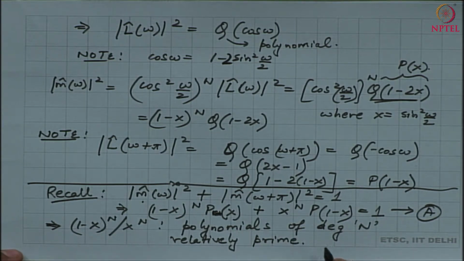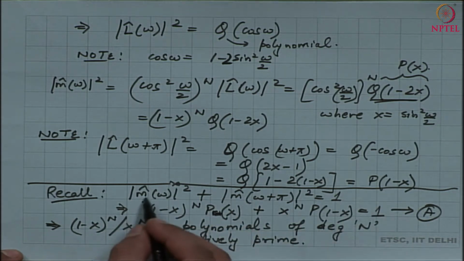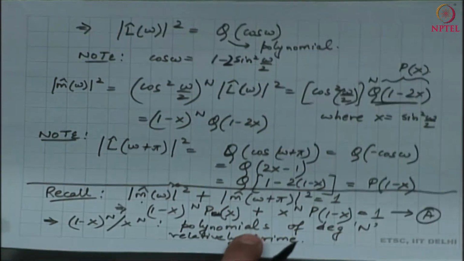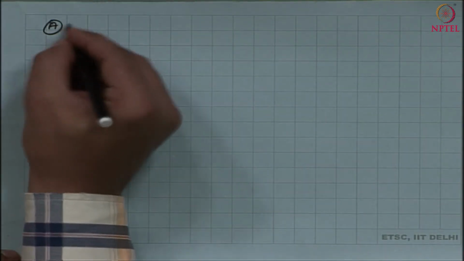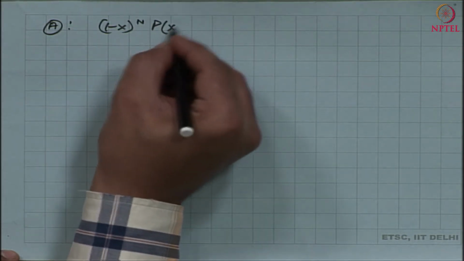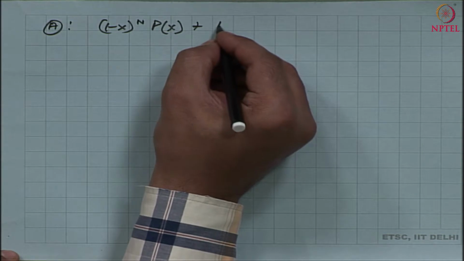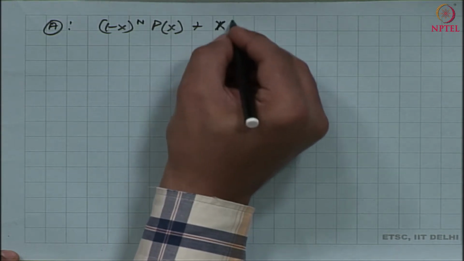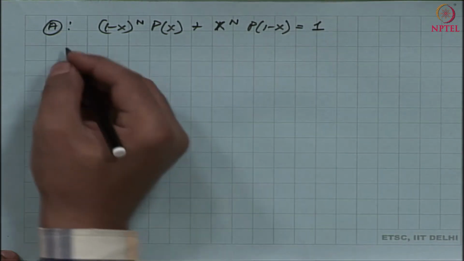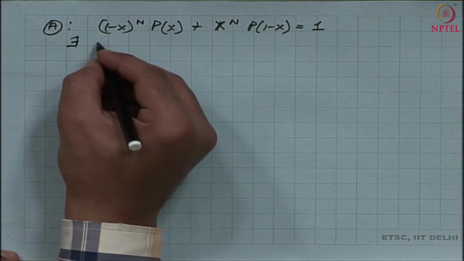So, if we were to find, it turns out that there is a unique solution to this equation given by A. If I were to write this equation A, it is 1 minus x to the power n p of x plus 1 plus x to the power n times p of 1 minus x is equal to 1.